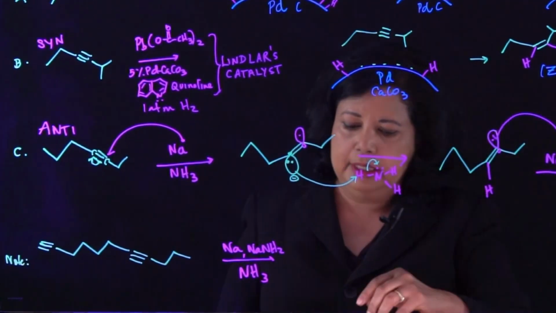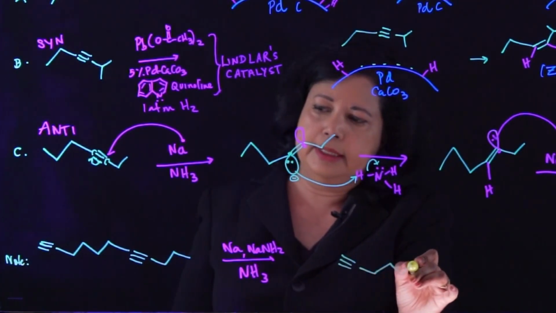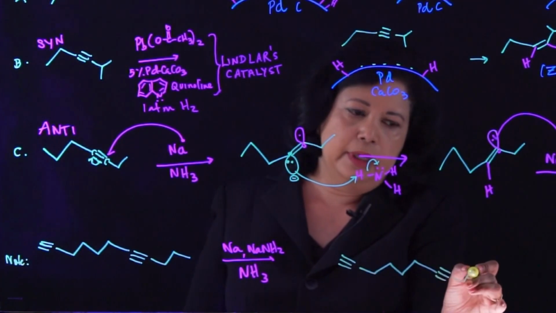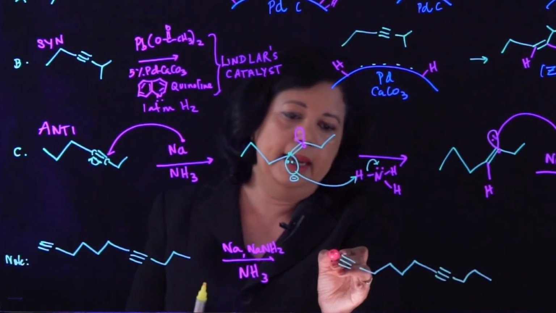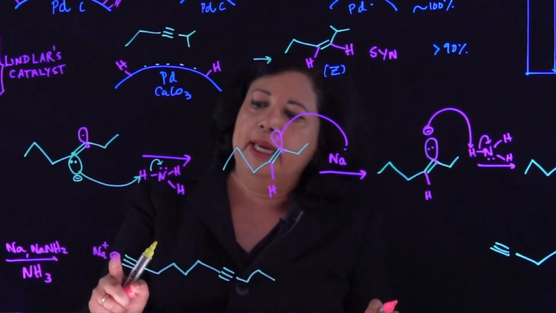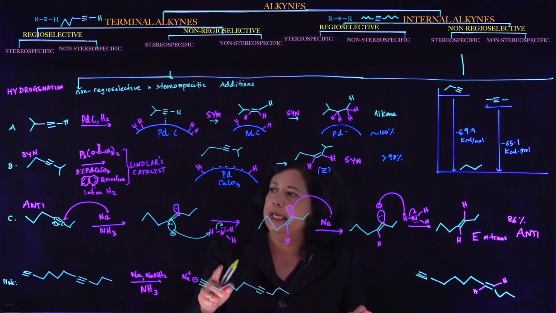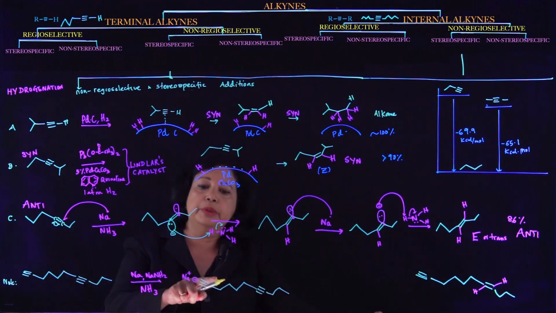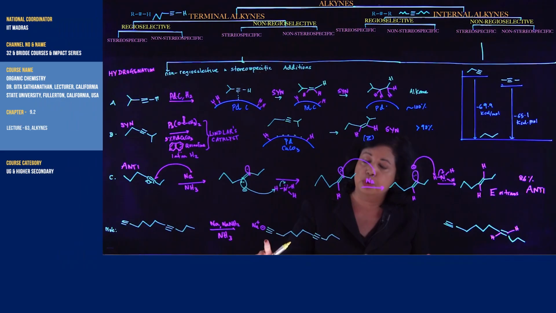What happens here is that when you have sodium and ammonia, you are going to add to this alkyne, but you are also going to deprotonate the terminal alkyne and get an anion here. Once you have an anion here, it's going to be a lot more reluctant to accept electrons from sodium to create another anion, because two anions here would create a lot of repulsion and strain.